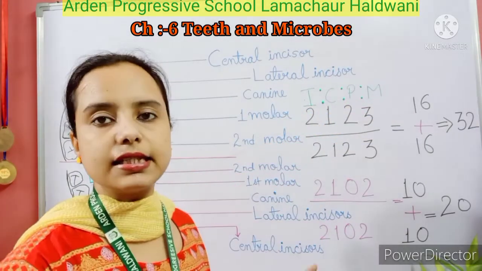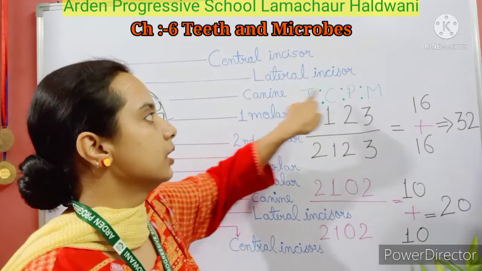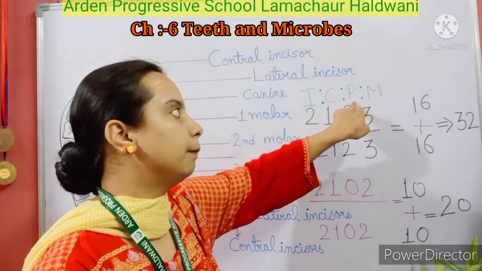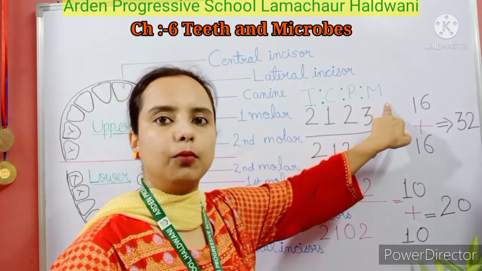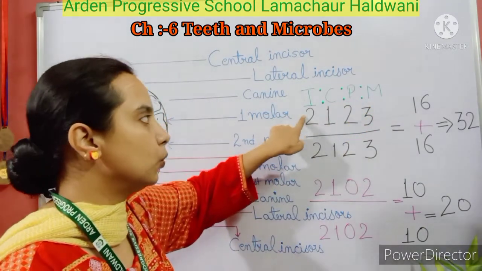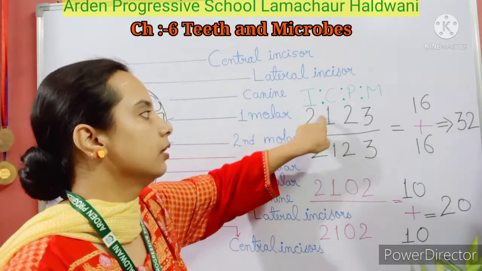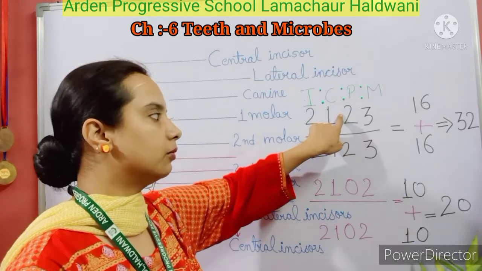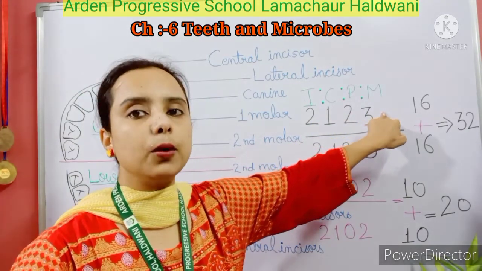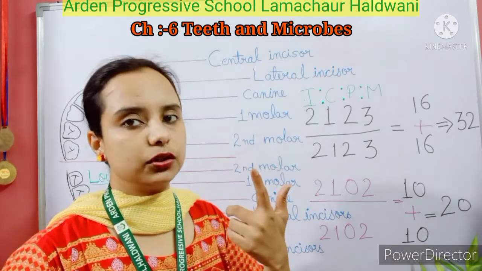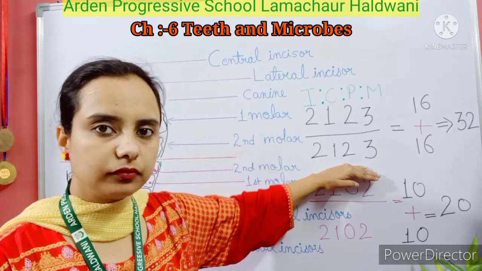ICPM: I means incisor, C means canine, P means premolars, and M means molars. So here are two pairs of incisors, one pair of canine, two pairs of premolars, and three pairs of molars in the upper jaw, and the same is there in the lower jaw.